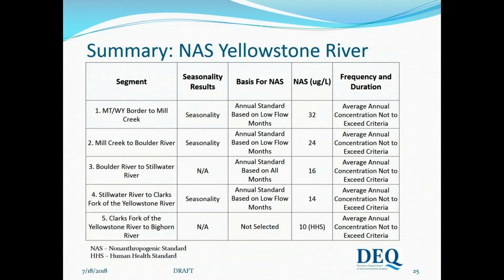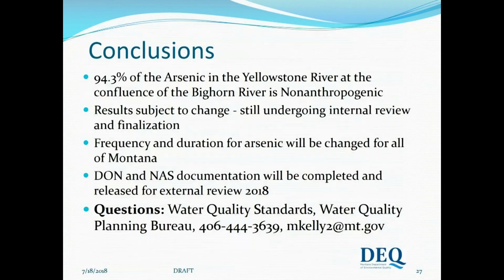Another thing to note is that the frequency and duration for these NASS criteria will be the average annual concentration not to exceed the actual NASS, and that will also apply for the human health standard as well. And I'll talk about that a little more in the conclusions.